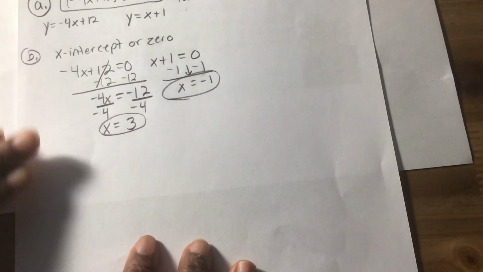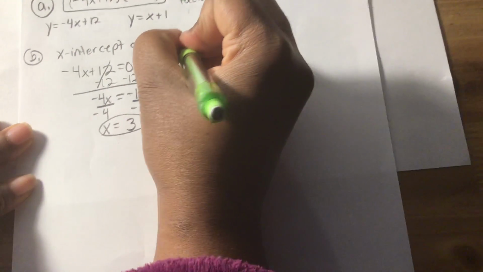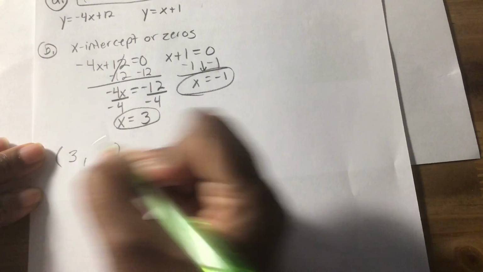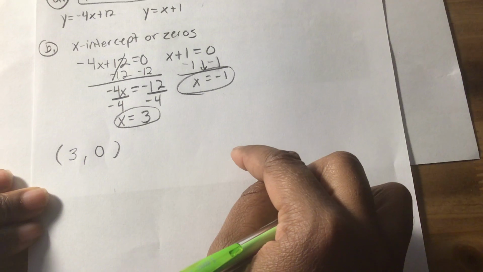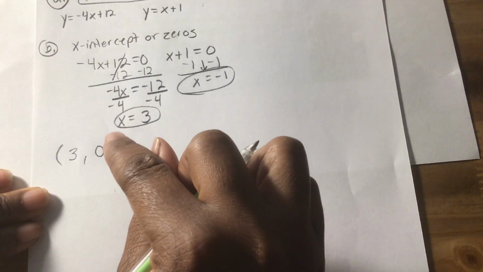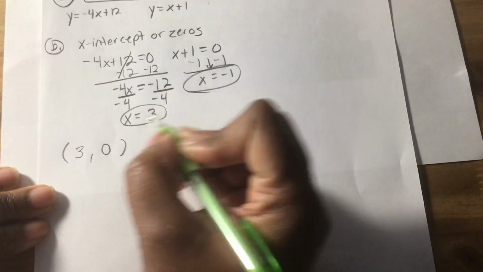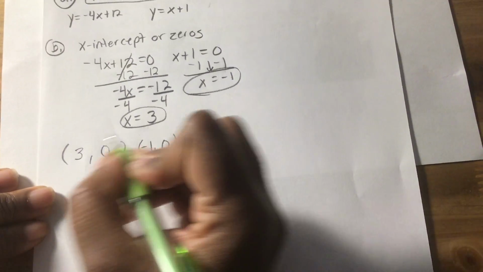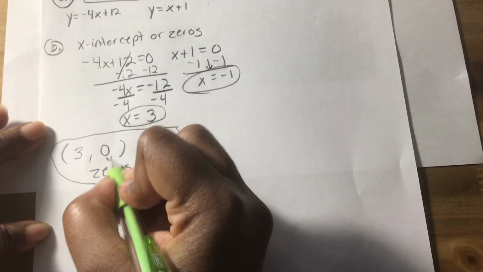Anytime an equation has an x squared, the highest degree is 2, and there's an x squared term, it's going to graph a U-shape, a parabola. All right, so these are my X-intercepts. My zeros are written as my x value is 3, my y value is going to be 0, because any number that crosses the x-axis has a y value of 0. So these would be my zeros, and negative 1. That's why they say these are my zeros, because it shows that y is equal to 0.